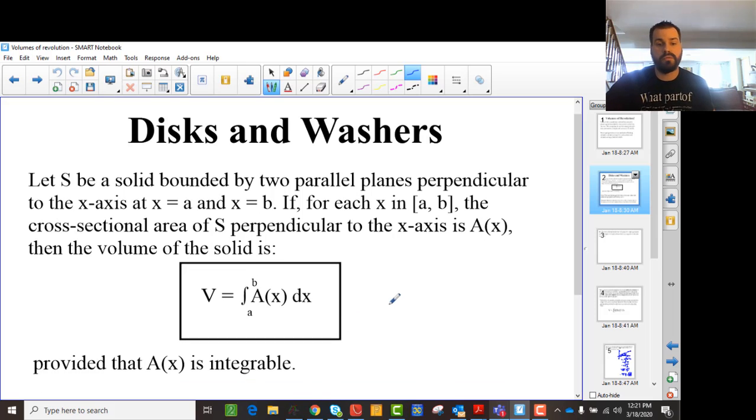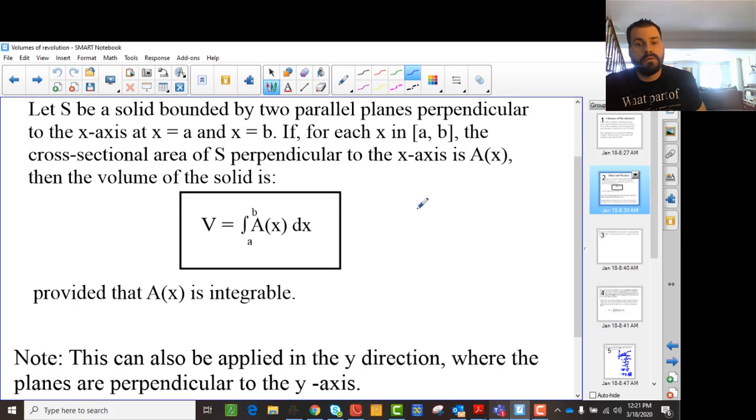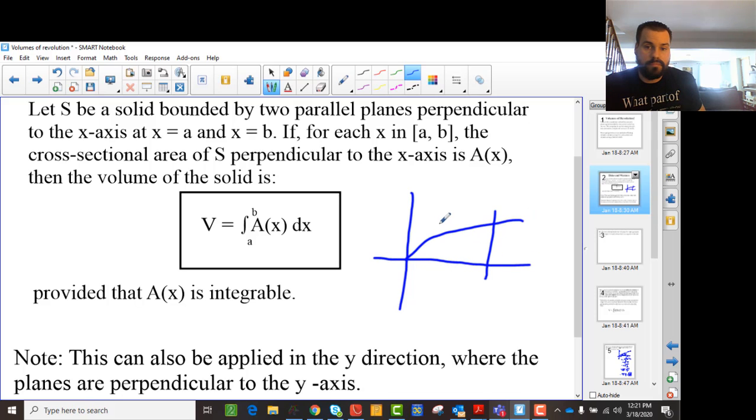But essentially what we're saying, if we draw a very quick sketch, is that if I have some area here that I'm bounding, this is my area, and these are my perpendicular planes. I'm going to revolve that around the x-axis. So I'm essentially going to trace it all the way around the x-axis.